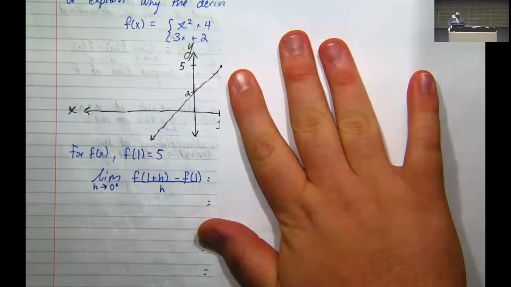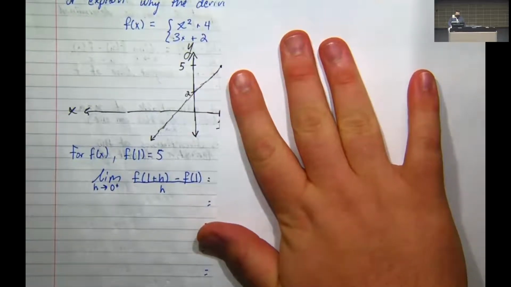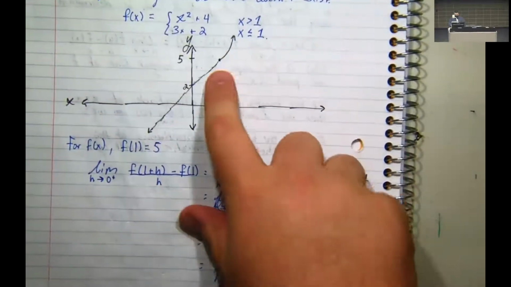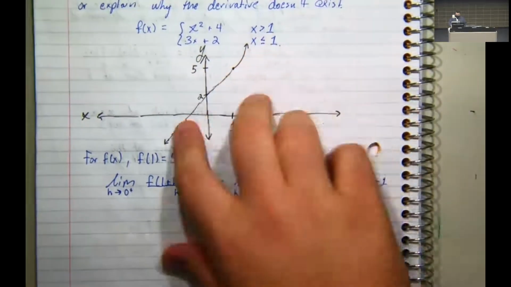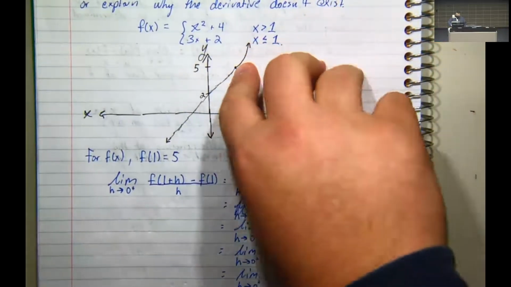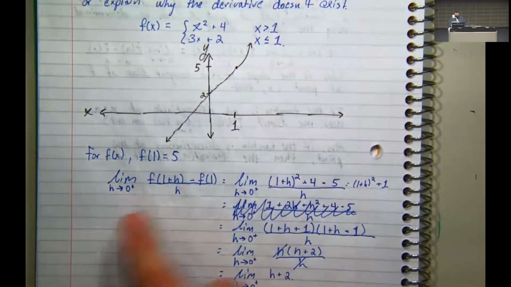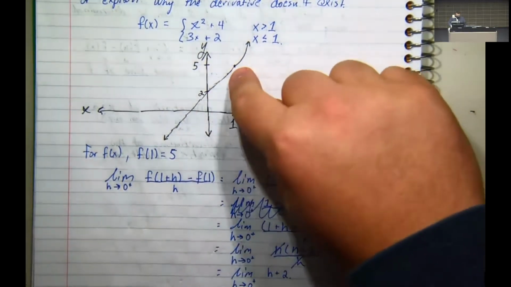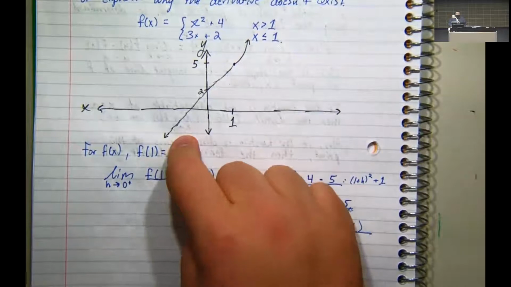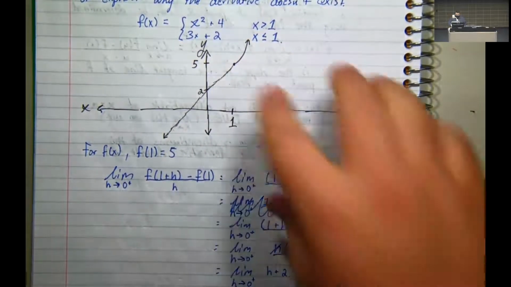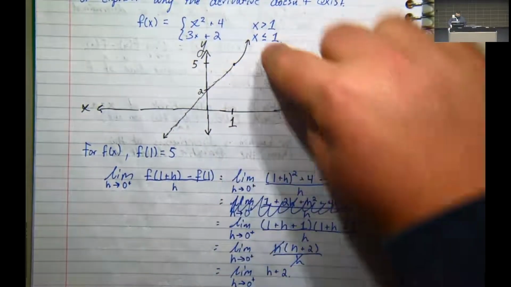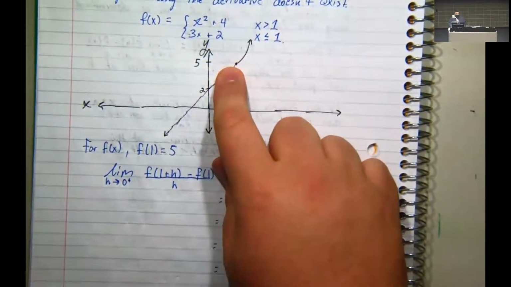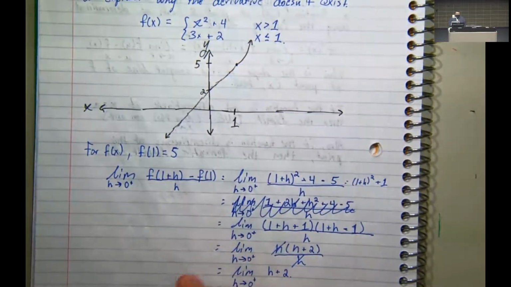It is defined at this point, and it happens to touch as it's coming into here. The derivative here doesn't exist because it would have to be both 3 and 2 at the same time. It can't be. The reason is that the slope of this line and the slope of this line do not agree at this point. If they agreed, then it would exist.